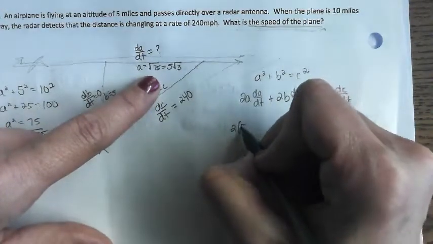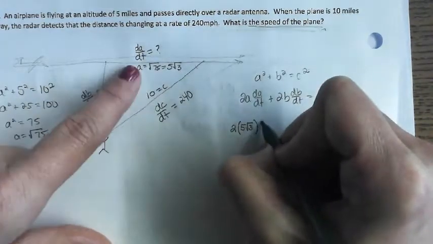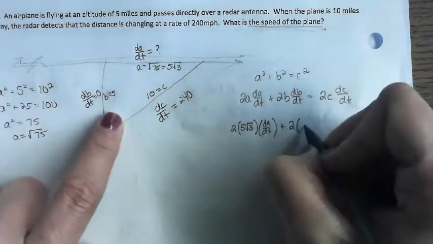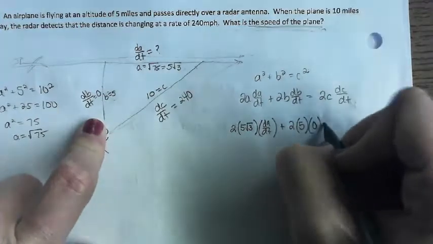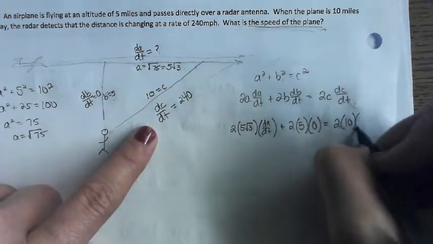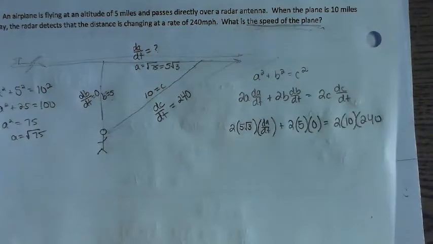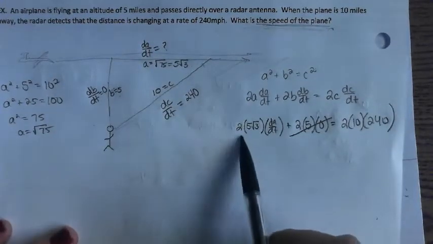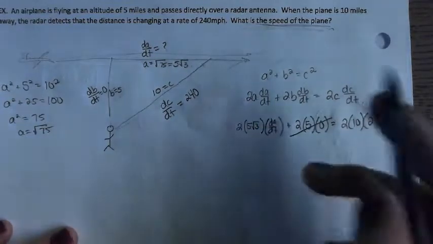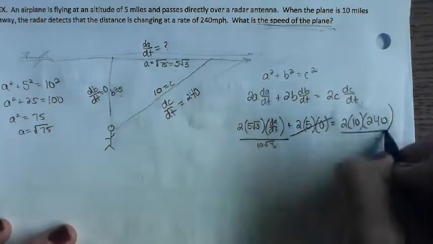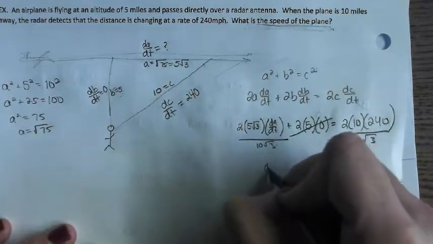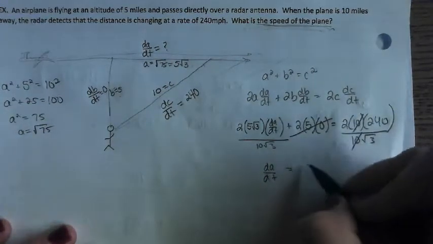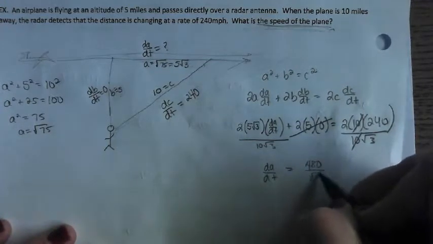So 2 times 5 root 3 times dAdt plus 2 times 5 times 0 equals 2 times 10 times 240. So that's a wash. And then I'm just going to divide both sides by 10 root 3. So dAdt equals, your 10s are going to cancel, so 480 over root 3.